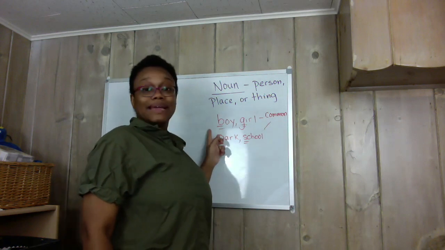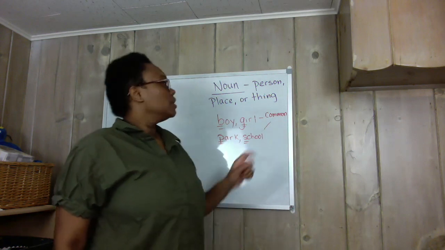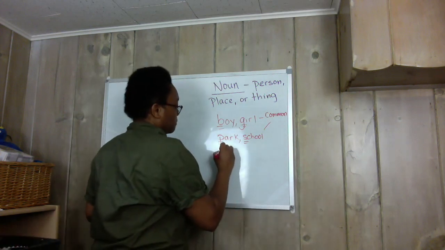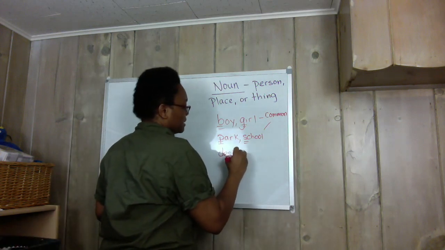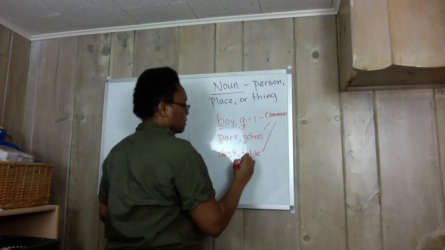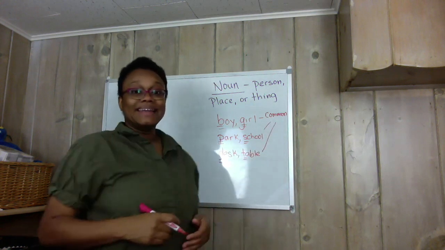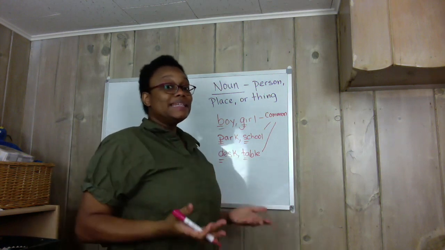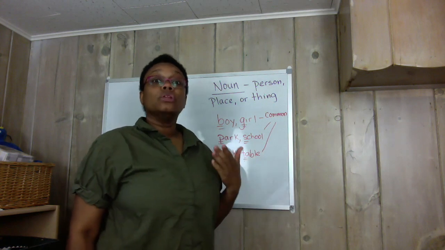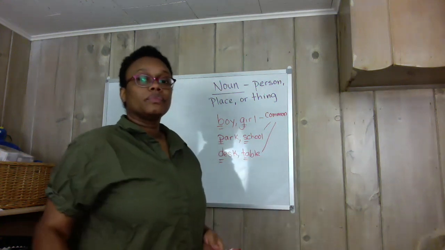Common noun, it gets a lowercase letter. What about an example of a common thing? Desk or a table. Again, it could be any desk, any table. They're all common, which means they get a lowercase letter.